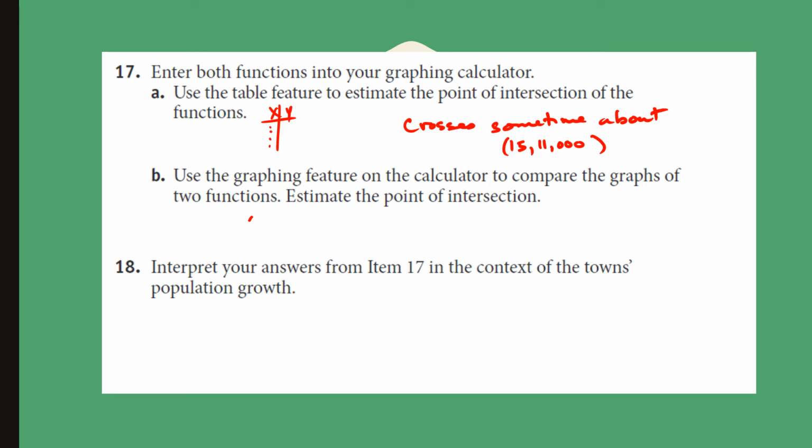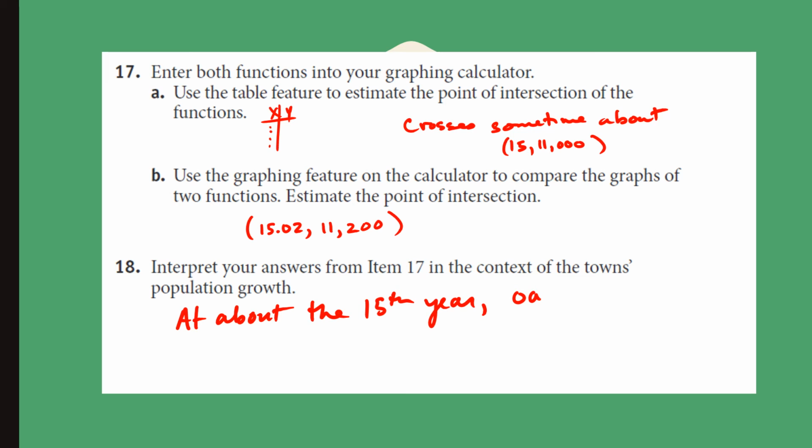On the graphing calculator, we actually came up with, let's see, 15.02, and it was like 11, oh, that's rough there, but approximately that. So if we interpret our answer there, that means that just at about the 15th year, Oak Grove, is that the name of it?